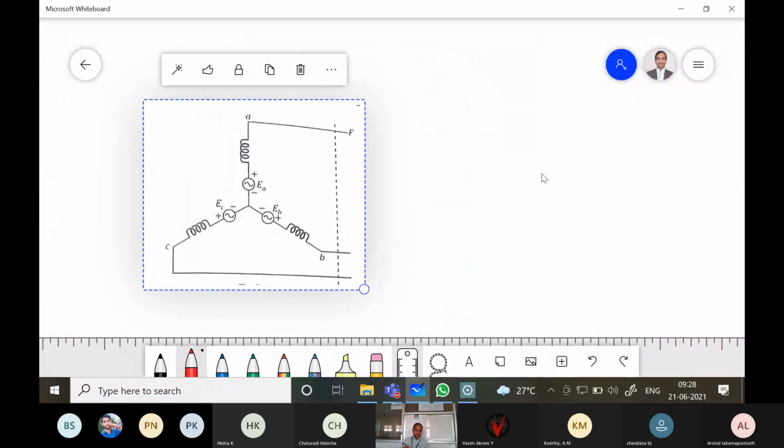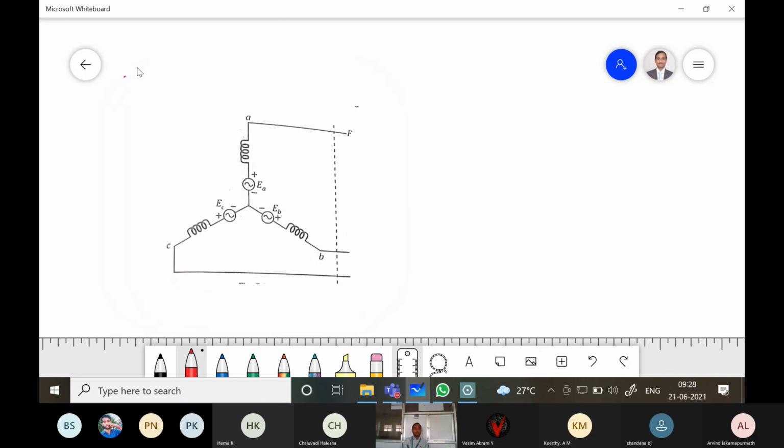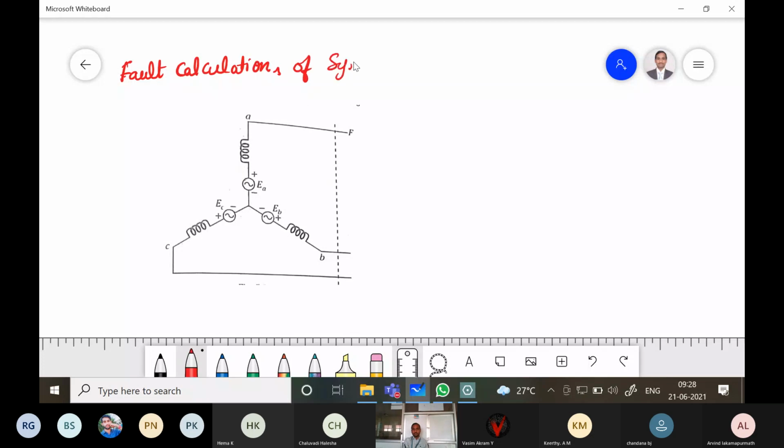Fault calculations of synchronous generator. Consider a balanced three-phase synchronous generator here, which is subjected to some unsymmetrical fault.